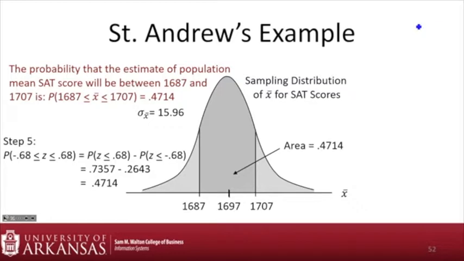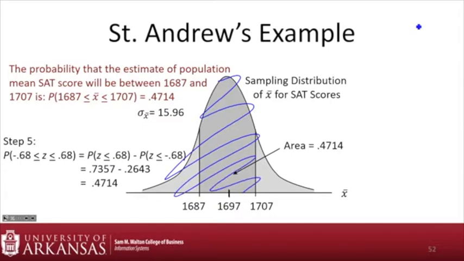My next step says, if I take all of the blue area that I know, and that is 0.7357, and then I subtract out the green area, 0.26, then I'm left with the red area, which is what I'm interested in, which is 0.47.